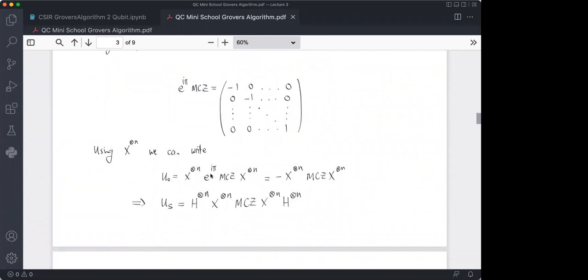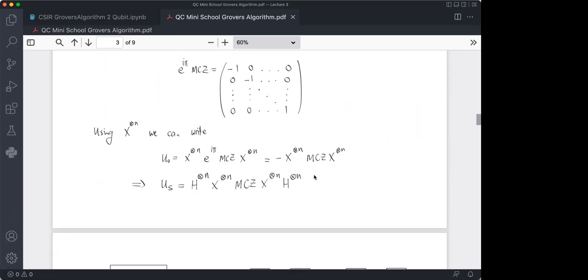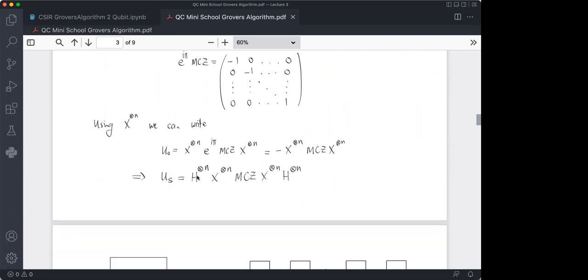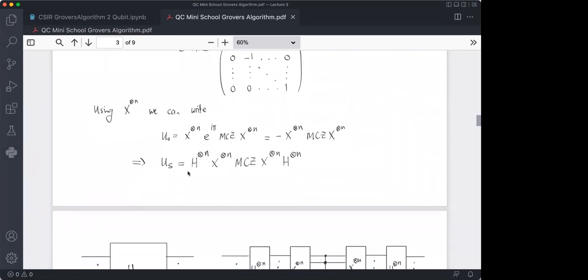Algebraically, U naught is just going to be X tensor n, then e to the i pi times the multi-controlled Z gate, with X tensor n on this side. You get a phase of -1, and that's what your U0 can be decomposed into. And of course, if we want US, we just put the Hadamards on either side here, and we ignore the -1 again because it's a global phase.